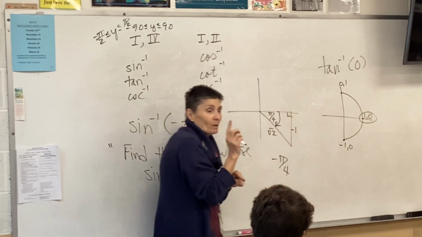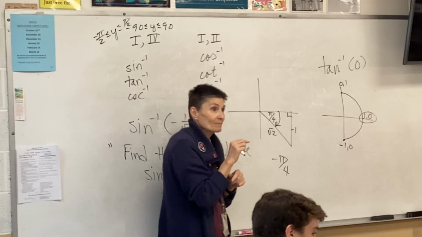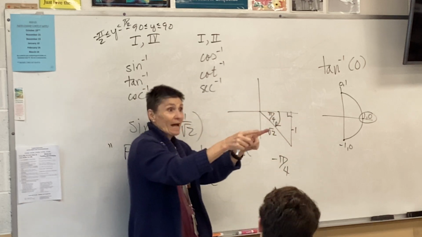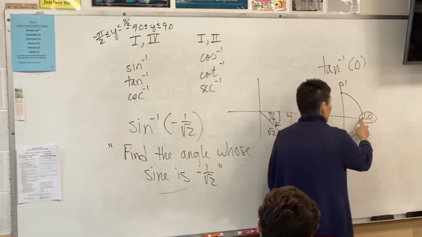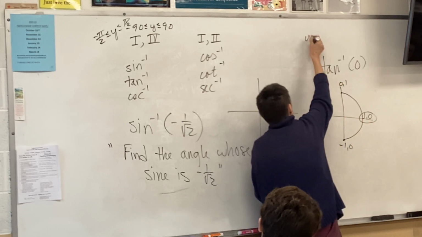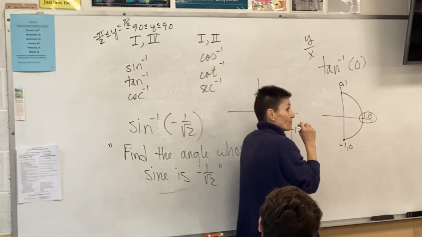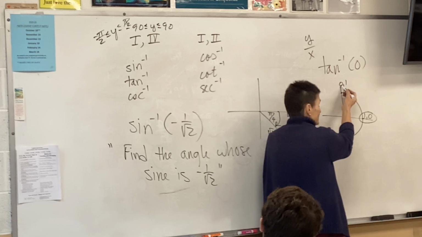Why does that one have a tangent of 0? Because tangent is y over x. If you've forgotten that, remember it. Tangent is y over x. So if I put y over x, I don't get 0, I get undefined, don't I?